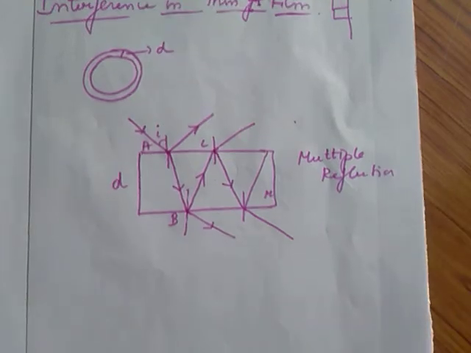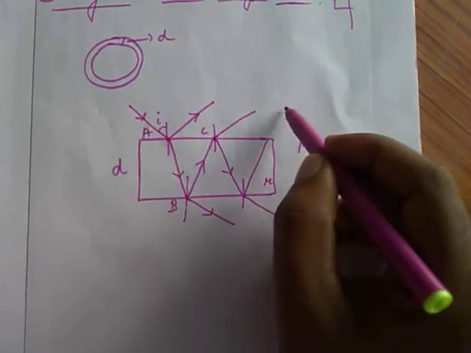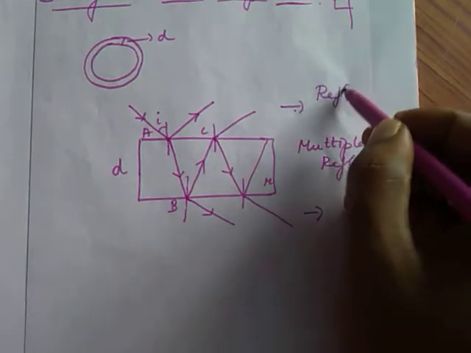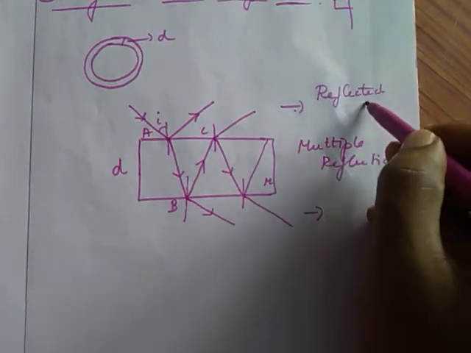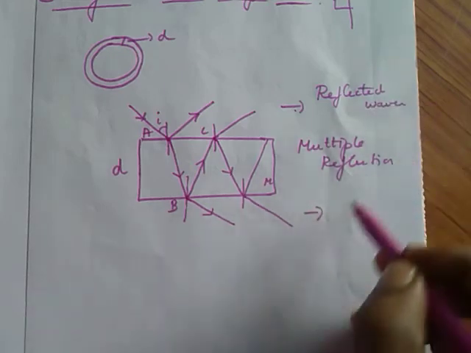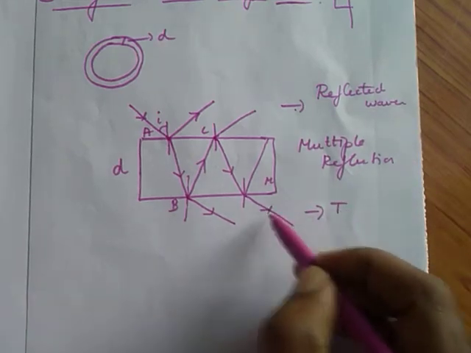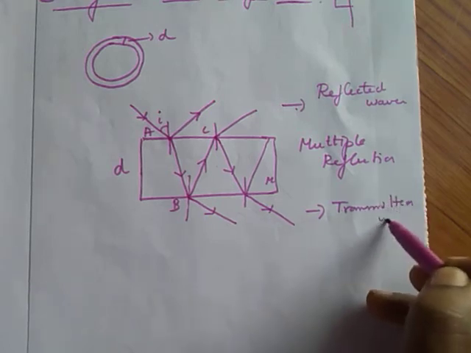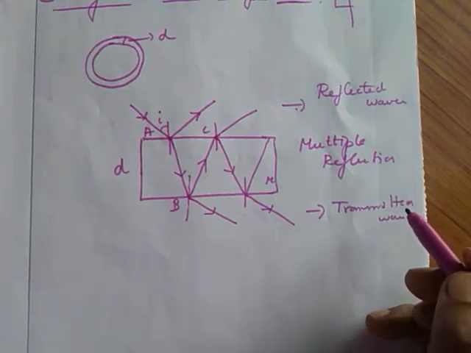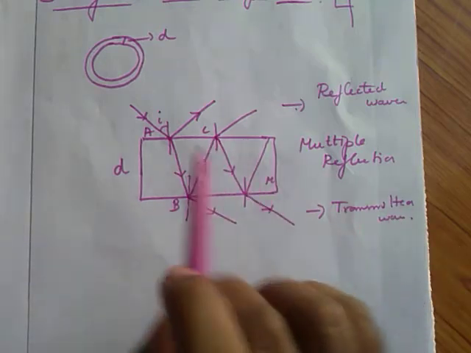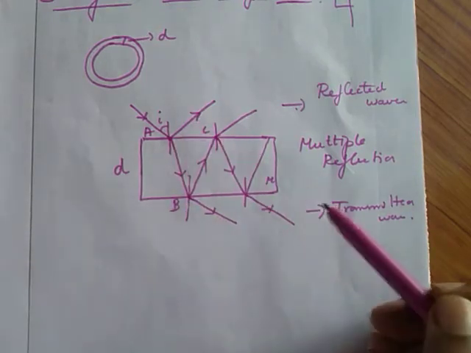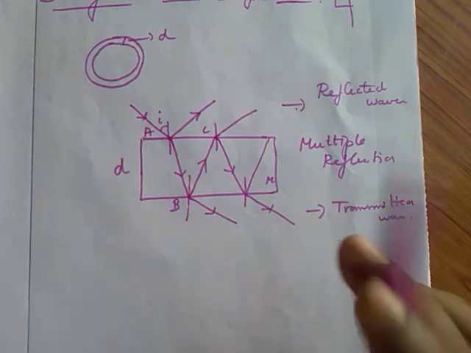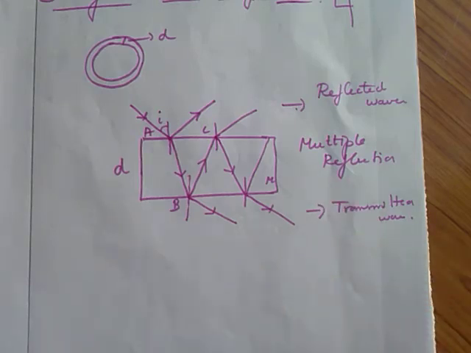Here there will be a reflected part and also a transmitted part: reflected waves and transmitted waves. Interference occurs in these reflected waves and also in the transmitted waves.